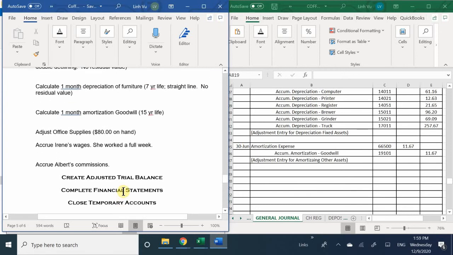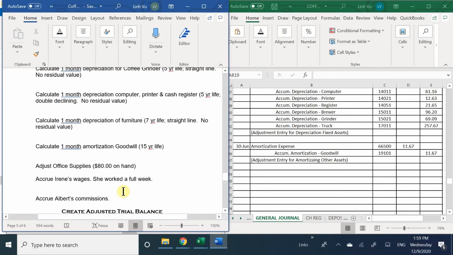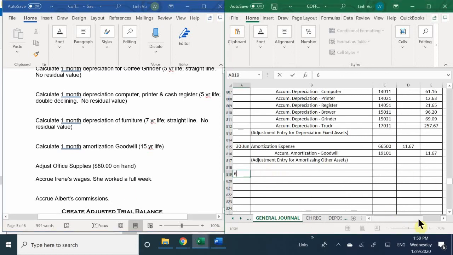We're still on the 30th. So $80 on hand. Is this still gonna be the office supplies expense? Yes, because you utilize your office supplies. Now you're making an adjustment, taking out what you don't have. So yes, you are going to be using the office supplies expense.